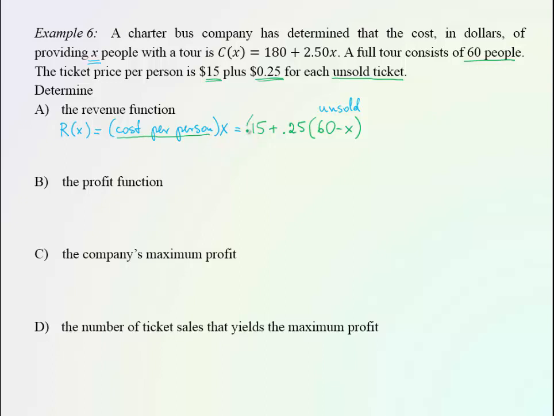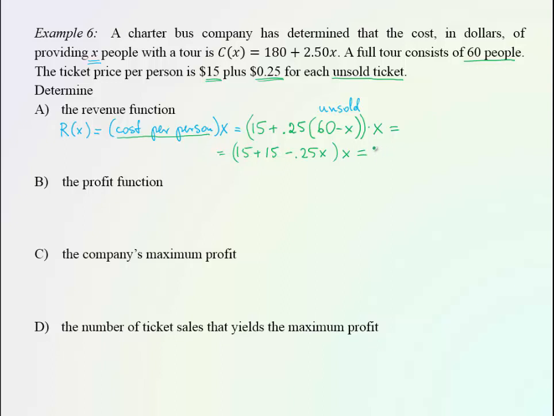So this whole expression represents just a cost per one person. Now we still need to multiply times the number of people going for a trip. Well, let's simplify this function. That will be 15 plus 0.25 times 60, which is another 15, minus 0.25x, and then everything times x.